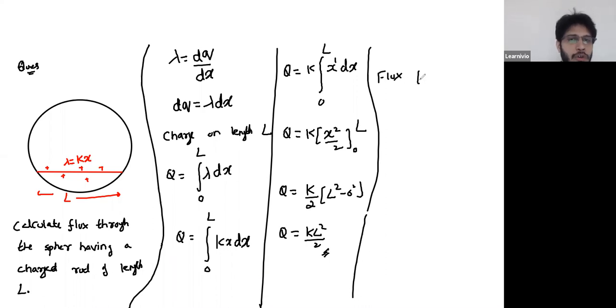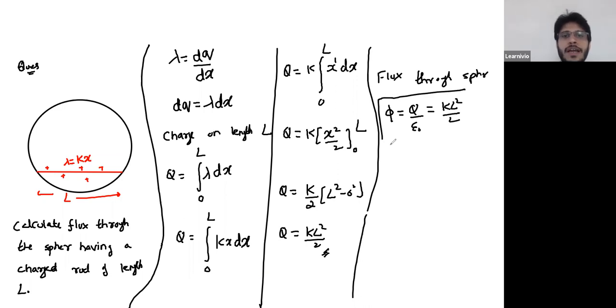Yes, Giovanna. Q by epsilon. So the flux is Q over epsilon naught, so that is kL square over 2 epsilon naught. This is how we calculate.